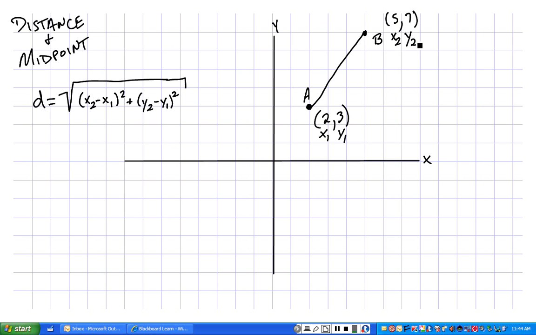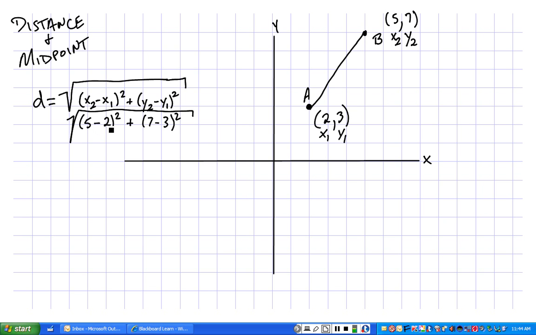So x2, which is 5, minus x1, which is 2, squared, plus y2, which is 7, minus y1, which is 3, squared, and again that's all under the radical sign.